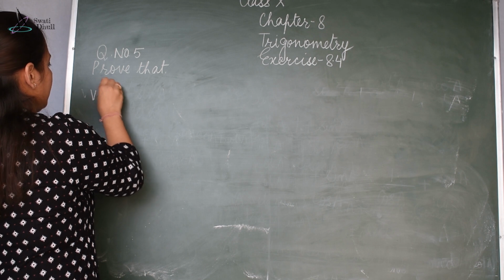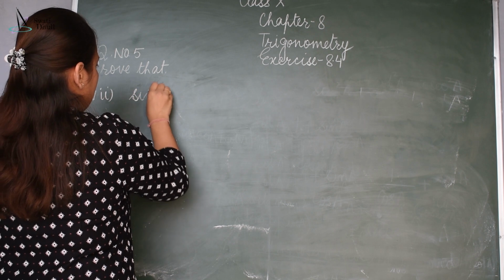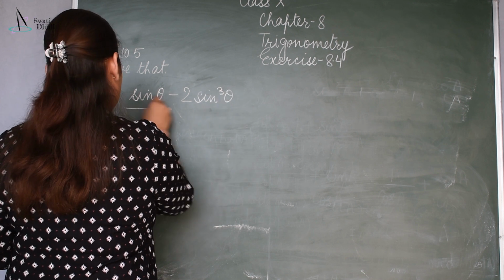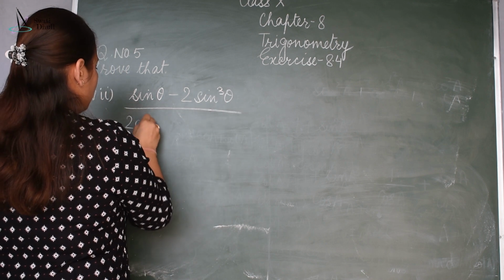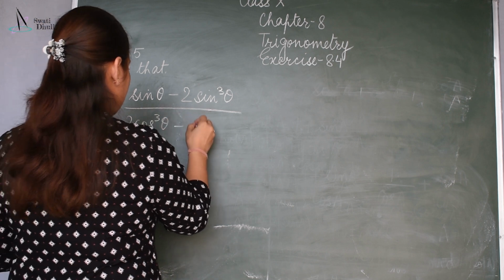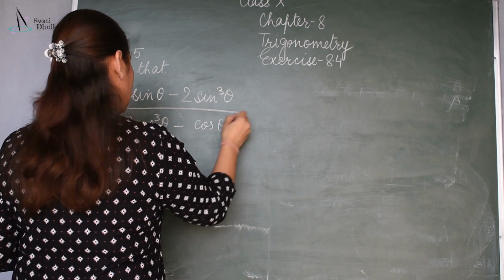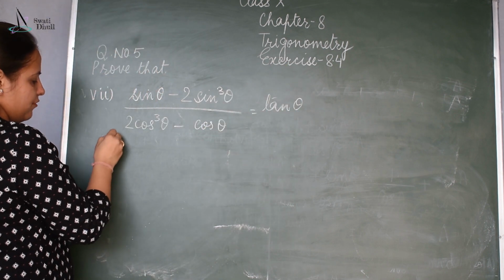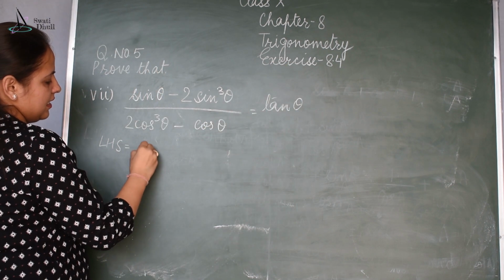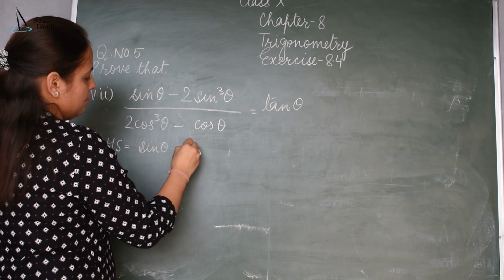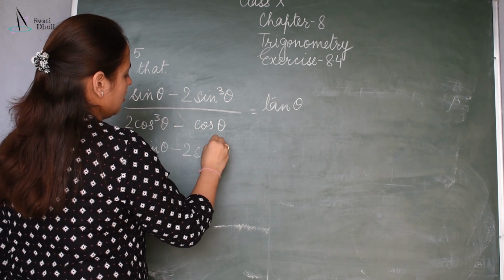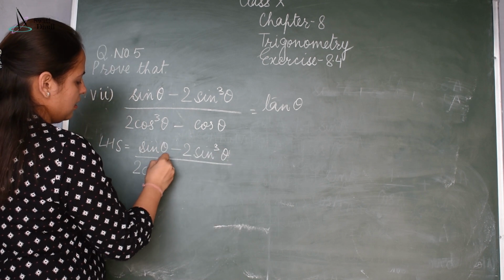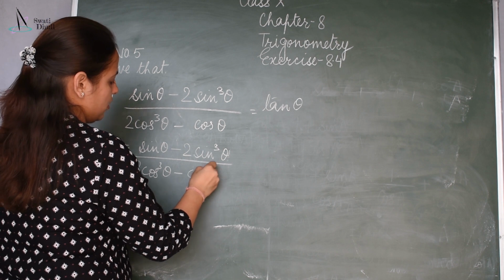Your 7th part is (sin theta minus 2 sin cube theta) divided by (2 cos cube theta minus cos theta) is equal to tan theta. Now let's take the left hand side, that is sin theta minus 2 sin cube theta divided by 2 cos cube theta minus cos theta.